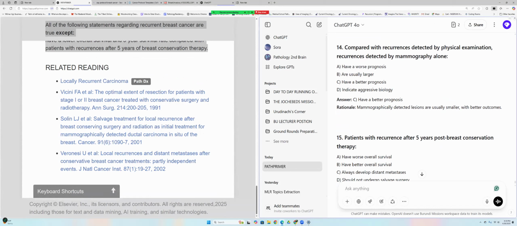You measure with a microscope ruler, or even an ordinary ruler. Is it when you are reading the slides or is it grossing? We use a ruler.